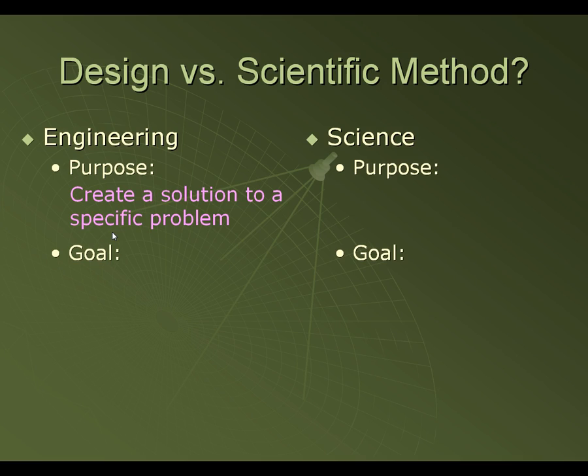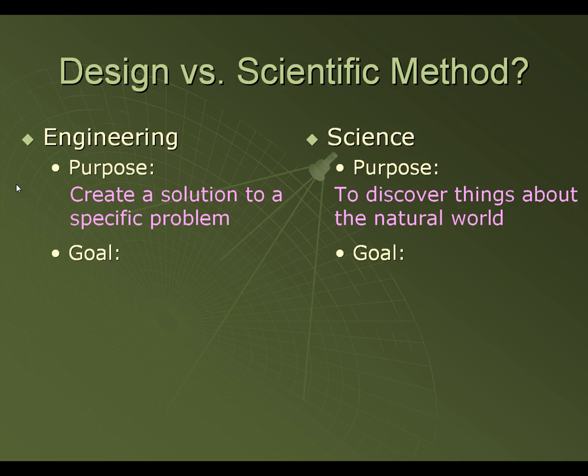So, for example, you might look to a sanitation engineer if you're looking at the problem of how to take care of the city's sewage. A civil engineer would take a look at that and create a solution to the problem of the city's wastewater.